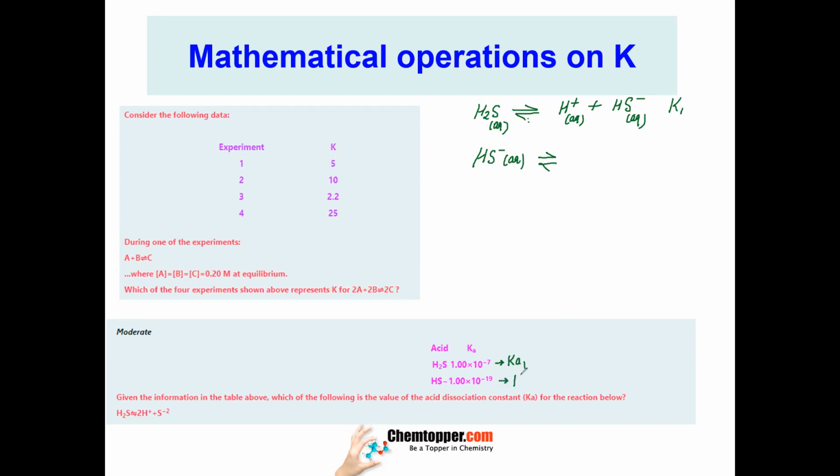This we can take as Ka2, the removal of the second hydrogen. Is it clear what I'm doing? So from this Ka1, Ka2, I'm converting them into equations. Now, can you complete this part?